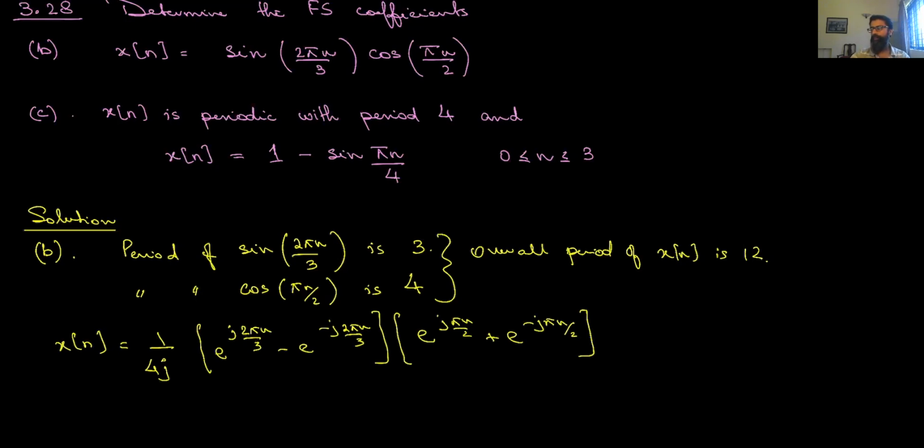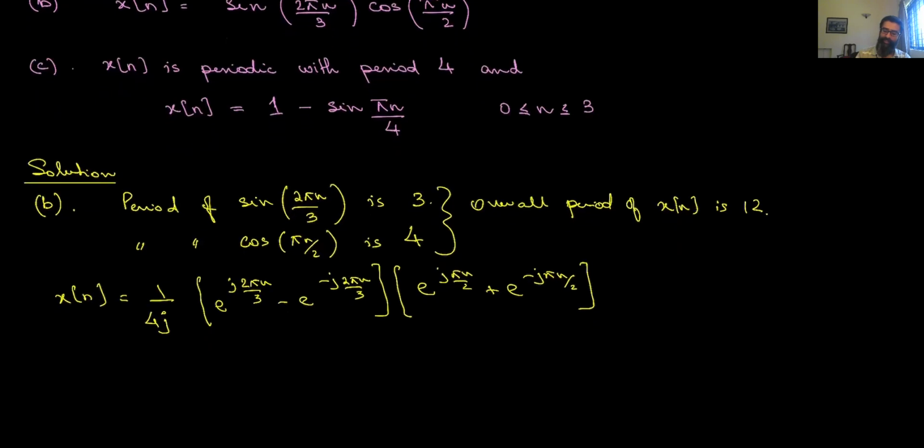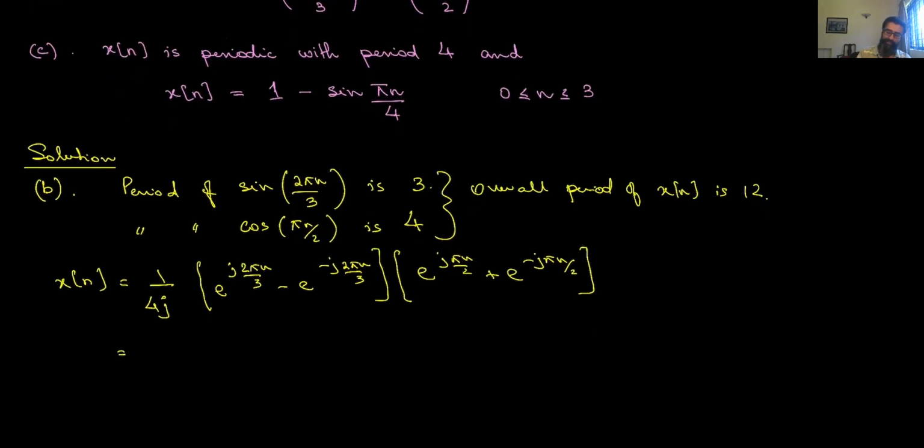There are going to be 4 terms when you multiply it out, so let me just write them out directly. It's 1 upon 4j, e raised to power j 7 pi by 6 n minus e raised to power minus j 7 pi by 6 n, plus e raised to power j pi by 6 n minus e raised to power minus j pi by 6 n.